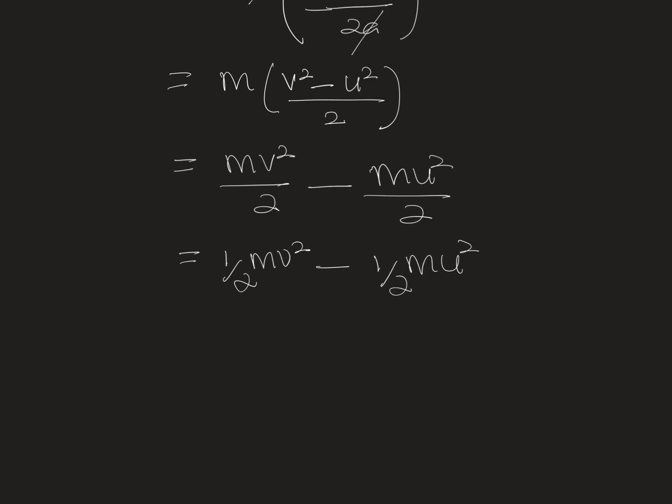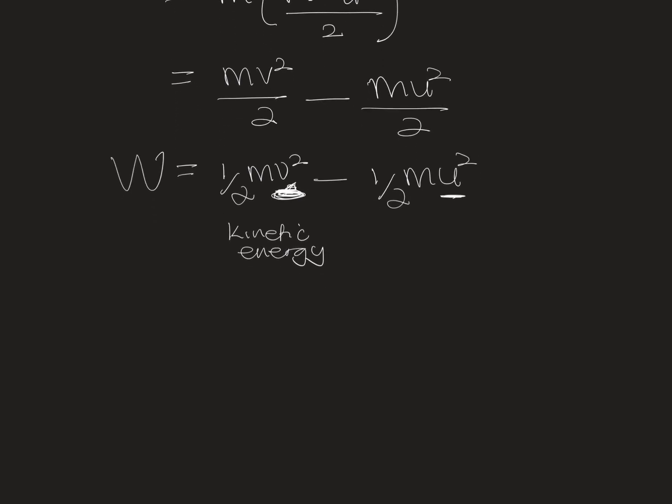From your study of mechanics, if you have half mv squared, you are talking about kinetic energy. But in this circumstance, we have kinetic energy for the final velocity v and for the initial velocity u. So what can that tell us about a moving object?